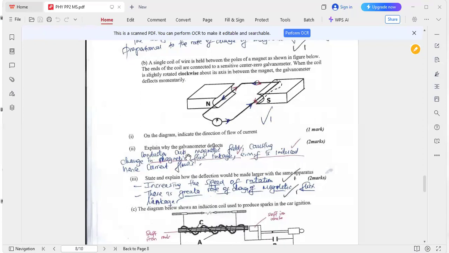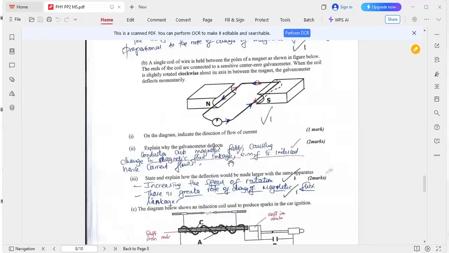Roman 2, explain why the galvanometer deflects. Anytime you are asked a question regarding electromagnetic induction and you are asked why we have an EMF induced, you must mention the term change in magnetic flux linkage. So here, when we rotate that coil, the conductor cuts the magnetic field, causing a change in magnetic flux.